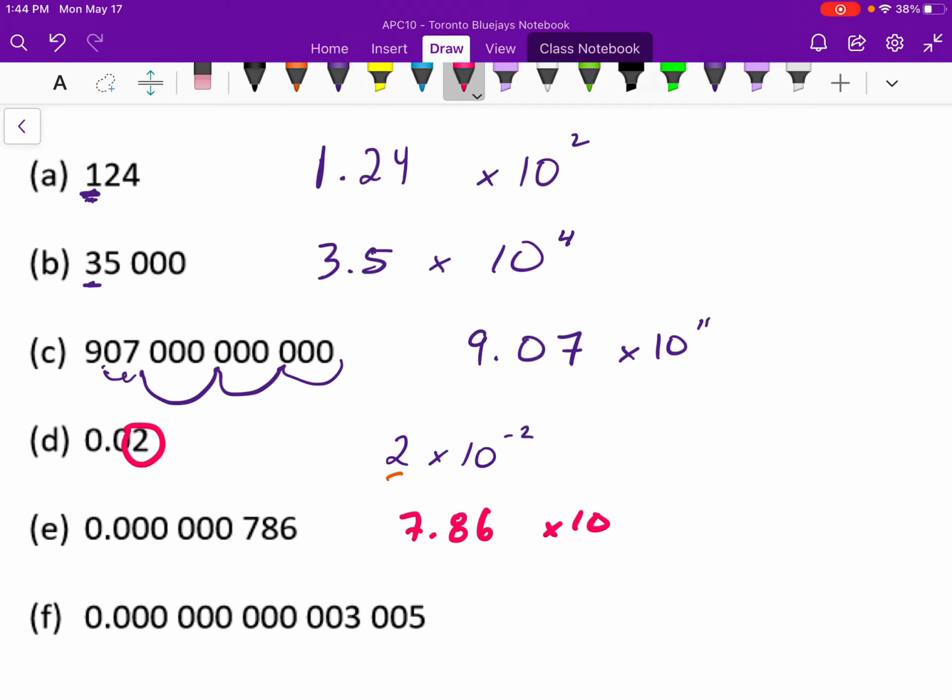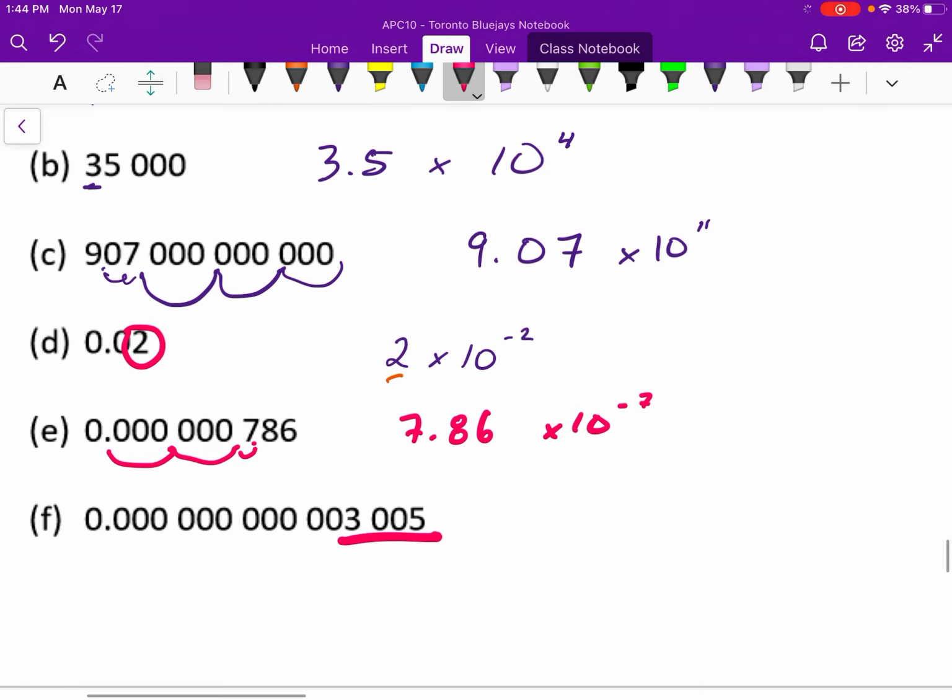So how many decimal places would I move it to? 1, 2, 3, 4, 5, 6, 7, 8, 9. Oops, let's try that again. 3, 6, 7. And since I moved my decimal place over to the right, it has to be negative.